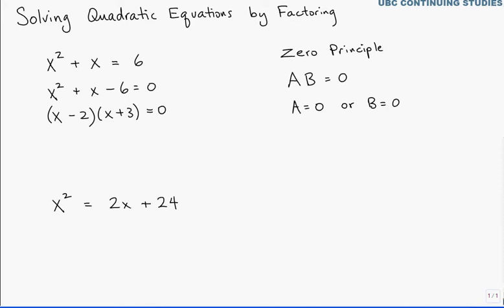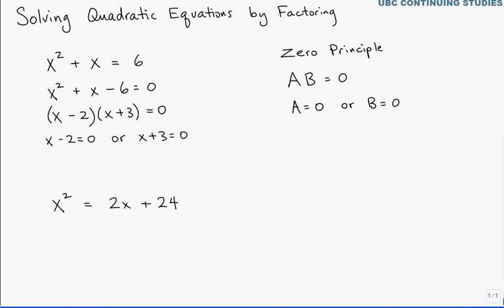So now we've actually turned this into a product equal to 0. And just like with the zero principle, it means we know that the first factor, x minus 2, is equal to 0, or the second factor, x plus 3, is equal to 0.